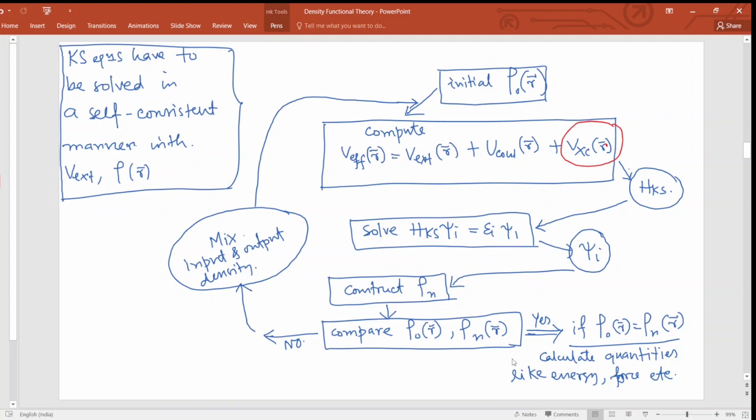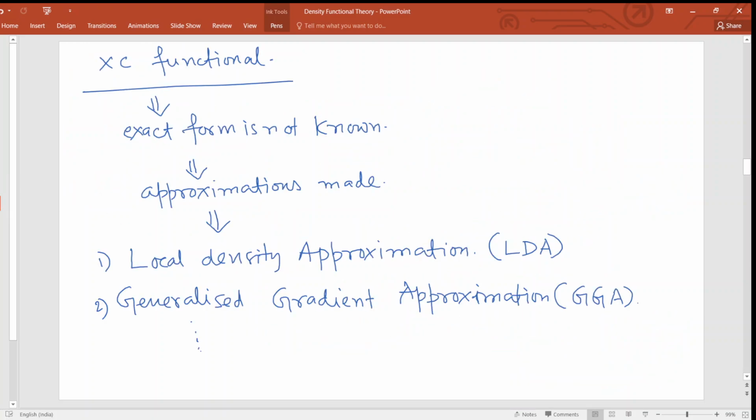You can then go ahead and use this rho to calculate other quantities like energy, force, etc. If not, then you take this final rho back and mix the input and output density, replace rho 0 by rho n, and do this exercise again, and keep doing this until you reach some desired level of convergence.